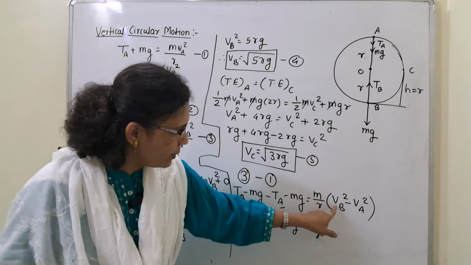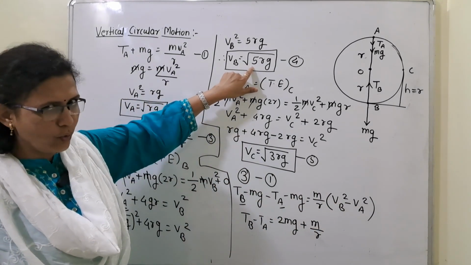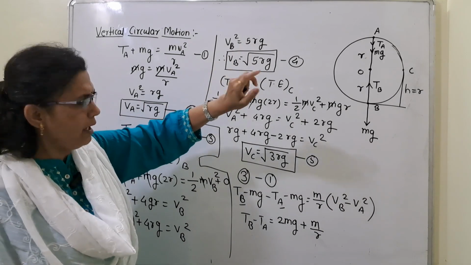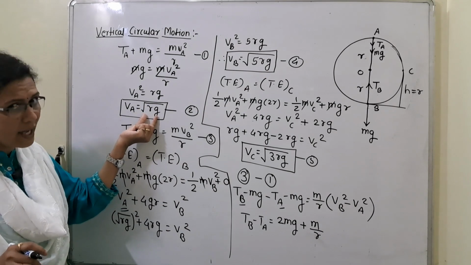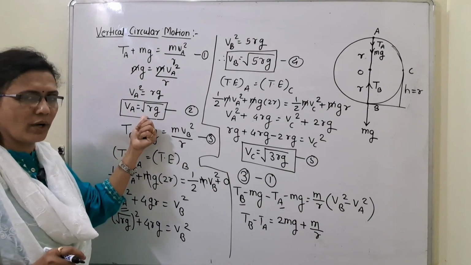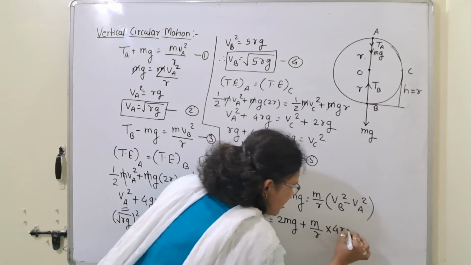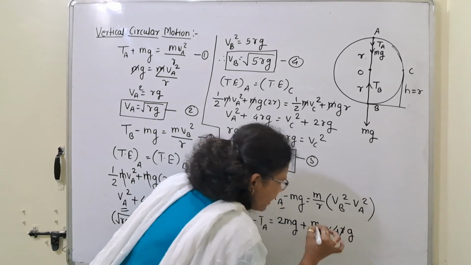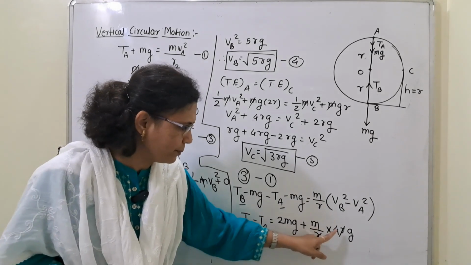Now, vb square minus va square. What will be the vb square? That will be 5rg, because this root will get cancelled. 5rg minus this va square, means rg. 5 minus 1, that is 4rg. Therefore, here there will be the term 4rg. R gets cancelled, remaining will be only 4mg.